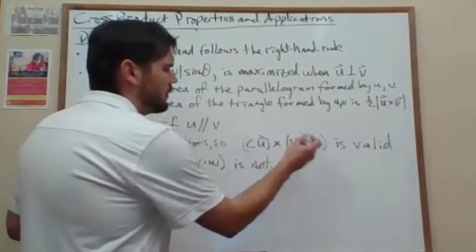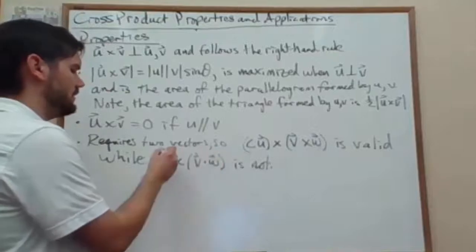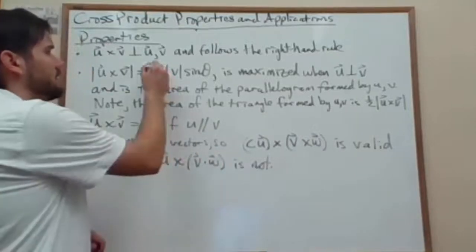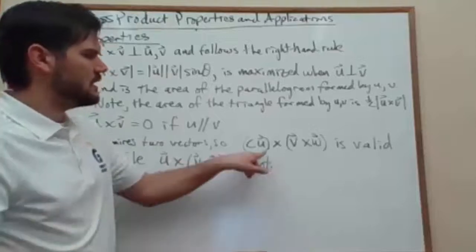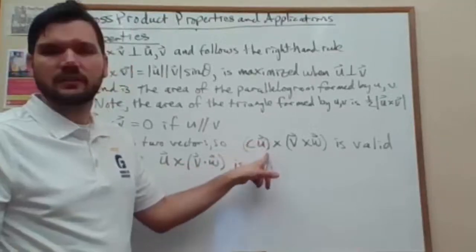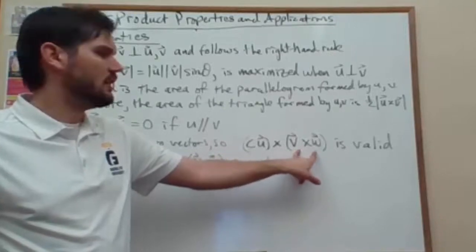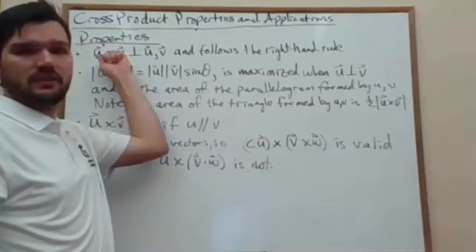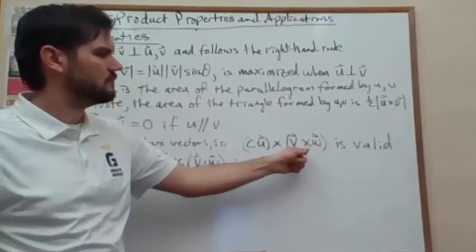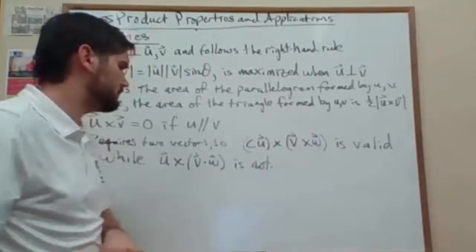So c times u is a vector, so we have a vector on this side. And then on the other side, we have v cross w. Well, v cross w is a vector. So we have a vector on both sides, so that's a valid operation.